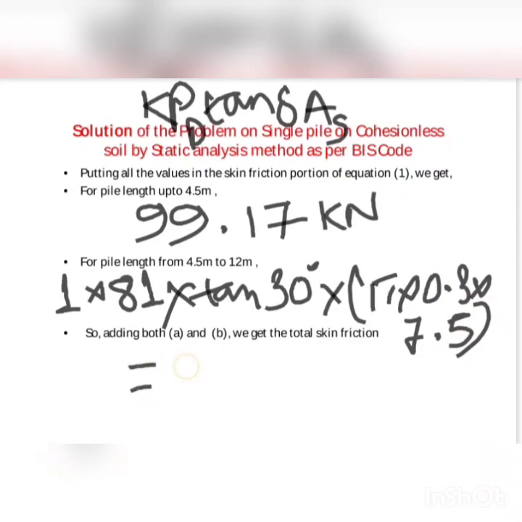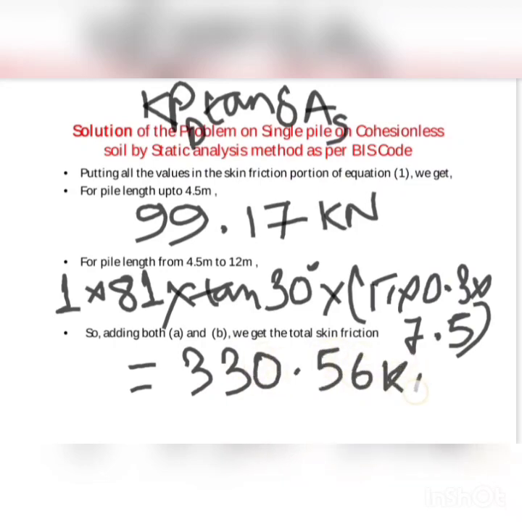If you solve this, you will get the value around 330.56 kilonewton. So one is the K, P D, the effective overburden stress from 4.5 to 12 meter is 81. Then delta is 30 degrees, so tan 30 degree into pi into D, that is 0.3, into L, the length 7.5. So if you solve this, it becomes 330.56 kilonewton.